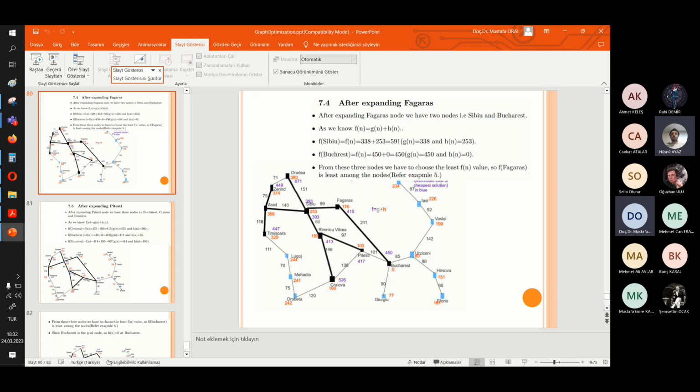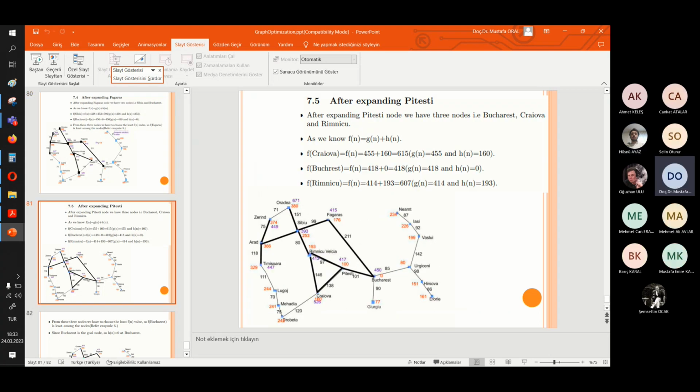Tamam, sorduğunu doğru anladım. Peki Piteşti yolundan hesapladığımız Fn 447 yerine 400 olsaydı? O zaman hesaplamaya bu yoldan devam edecektik, tabii ki devam edecek, çünkü daha iyi bir seçeneğin olma ihtimali var.